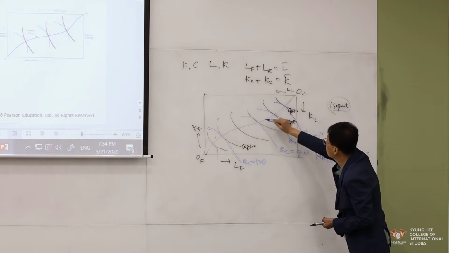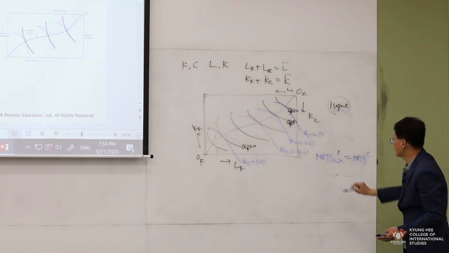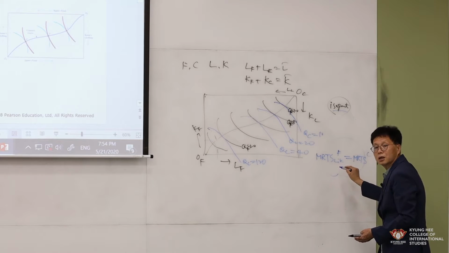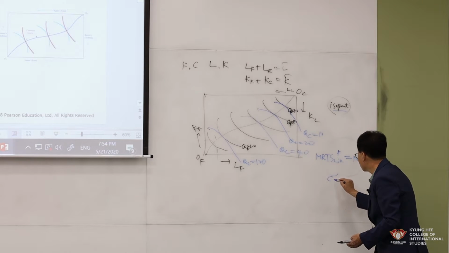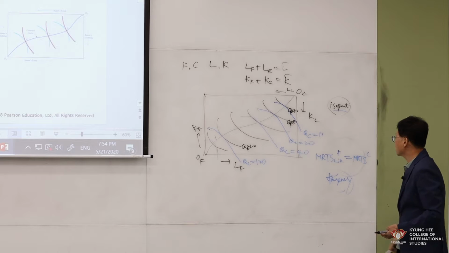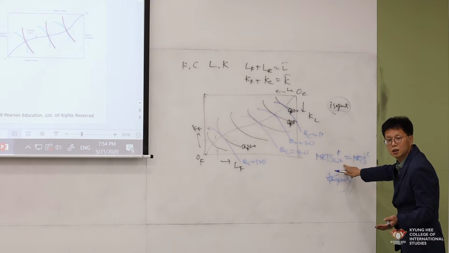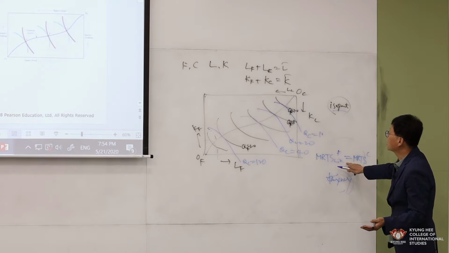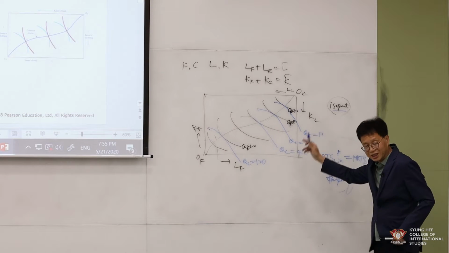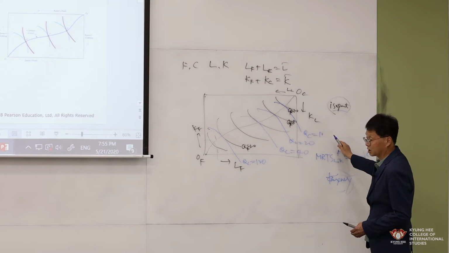So at some point the tangency condition is satisfied, which means this condition is satisfied mathematically, or graphically, two isoquants are tangent to each other. That is the contract curve in production, or technical efficiency, or efficiency in production.